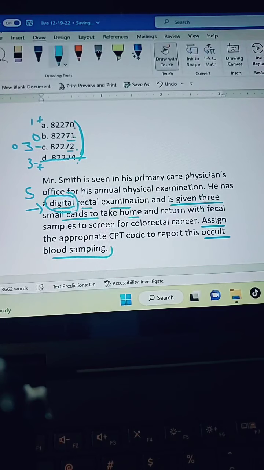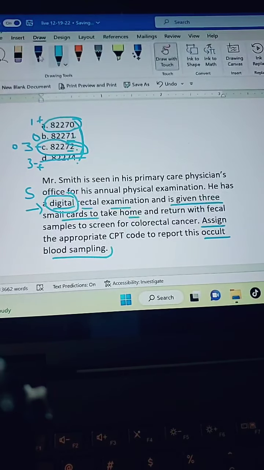So this digital exam is always the 70. And then the ones that they take home is the 72. No, it isn't. The ones that they take home is the 4.